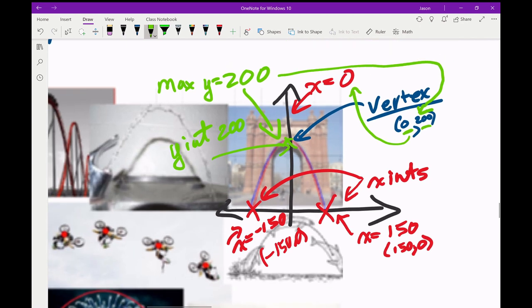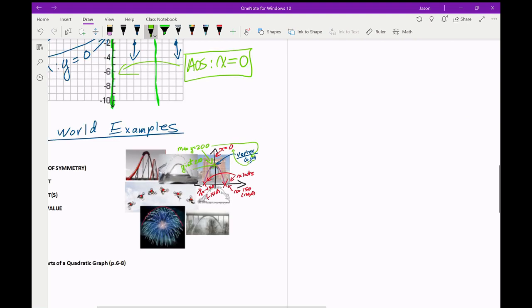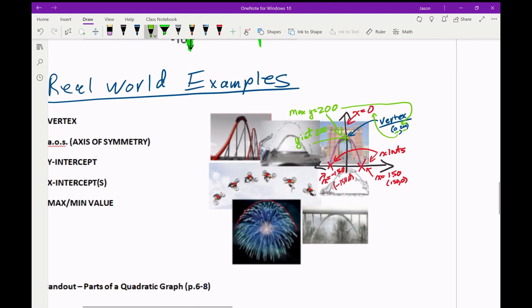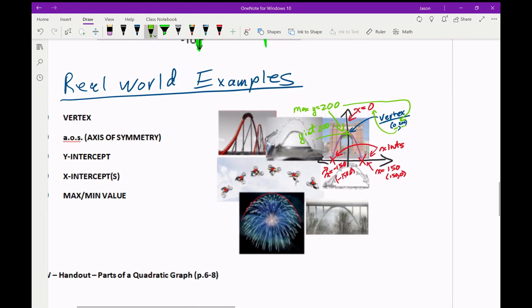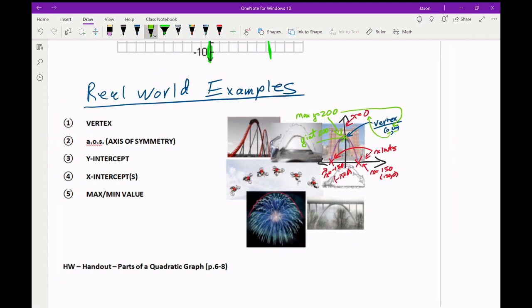Now, I'm going to provide you a copy of this picture to work with. I want you to take a look at those pictures and identify each one of the axes of symmetry, vertex, and things like that.